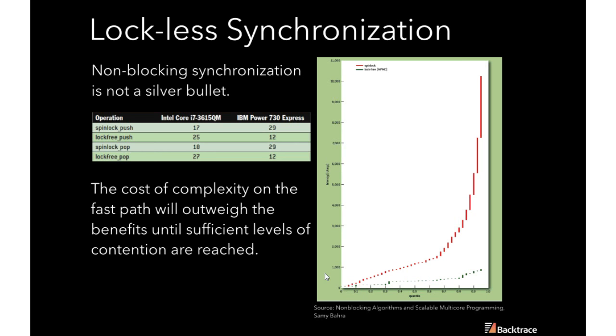The lock-free stack, on the other hand, has much stronger progress guarantees. This graph has the latency distribution of push operations on a stack under high load, and again, you can see the lock-free stack has significantly better latency distribution.